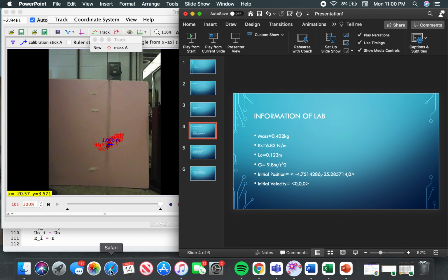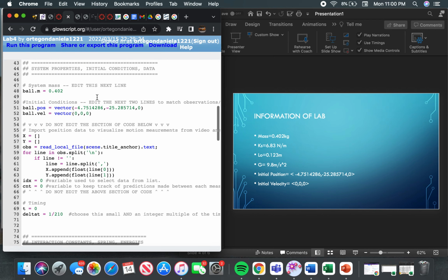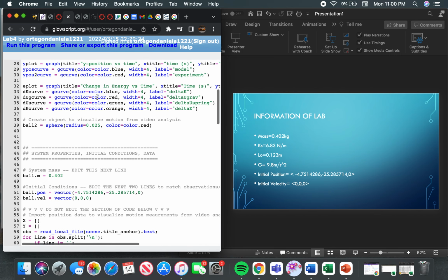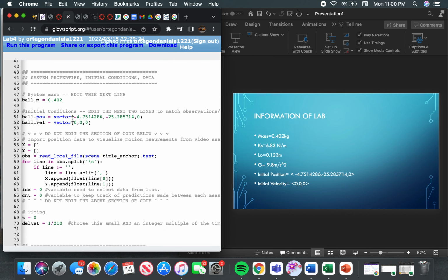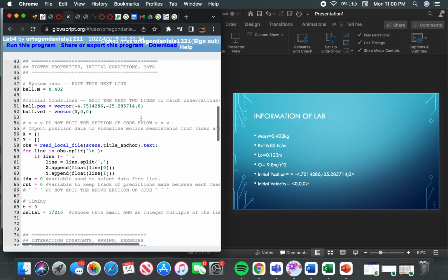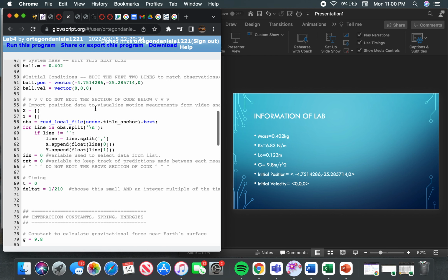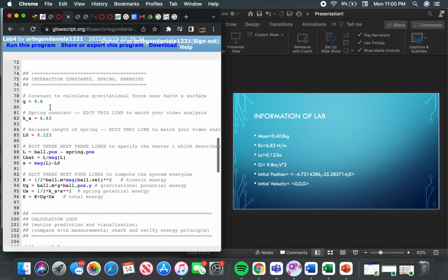So from here we're going to look at the code. Here is the code. I inserted the mass of the ball, the initial position, the initial velocity, the gravity, the spring constant, and the relaxed length of the spring.